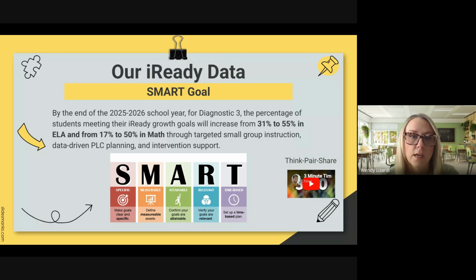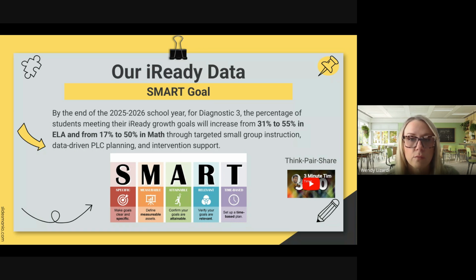By the end of 2025-2026 for Diagnostic 3, the percentage of students meeting their iReady growth goals will increase from 31% to 55% in ELA and 17% to 50% in math through targeted small group instruction, data-driven PLC planning, and smart intervention support. So there we were very specific. We made our goals measurable in percentage. Our goals are definitely attainable because of the plans that we have and that you will help us make relevant.